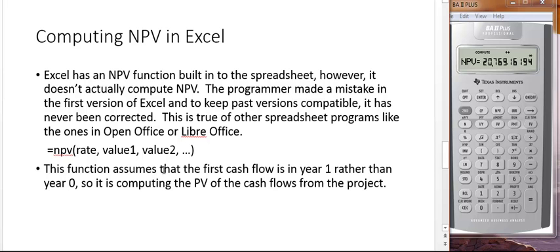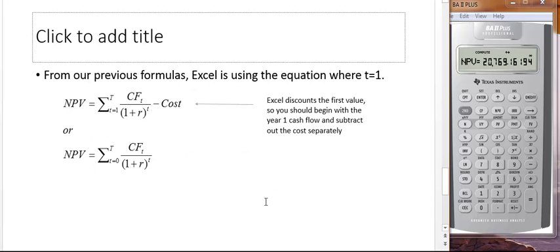This function assumes that the first cash flow is in year 1 rather than in year 0. So it's computing the present value of the cash flows of the project, not really net present value. So the first cash flow you put in should be the year 1 cash flow, not the cost.